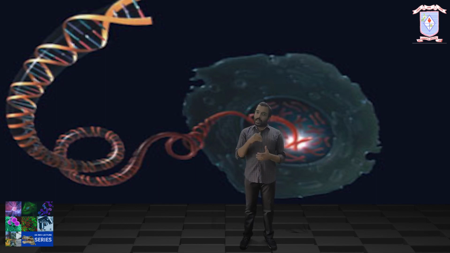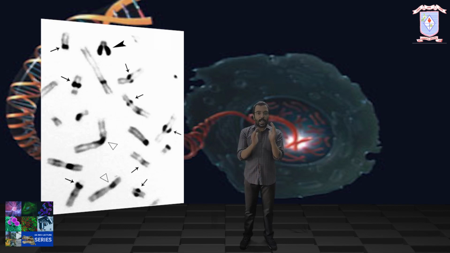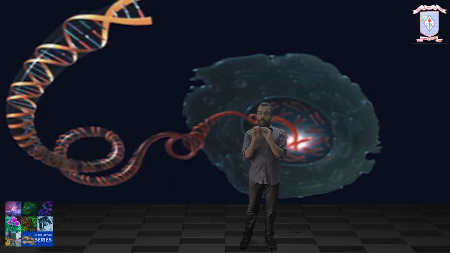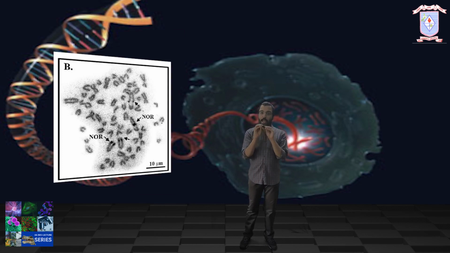But some banding techniques produce much more restricted staining of specific subsets of chromosome bands, such as the centromeric as well as constitutive heterochromatin regions of the chromosomes, and some stain the specific nucleolar organizing region, that is NOR regions of the chromosomes, etc.